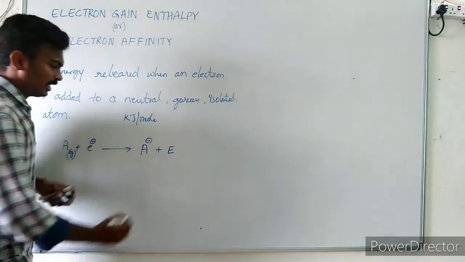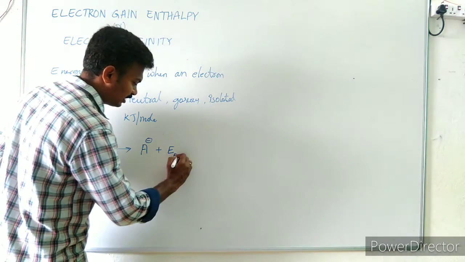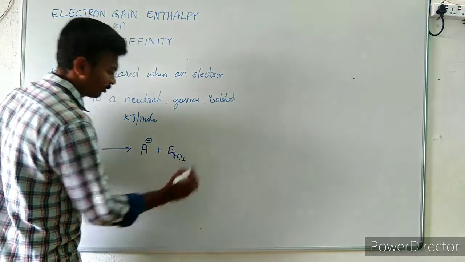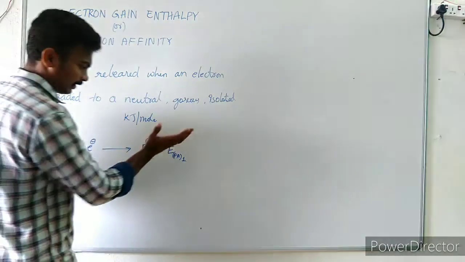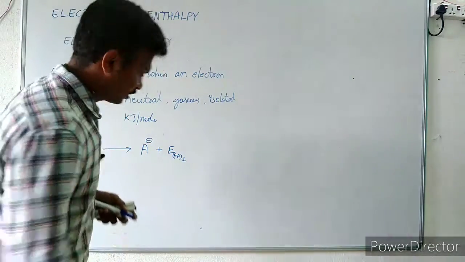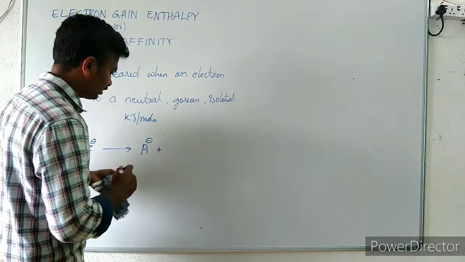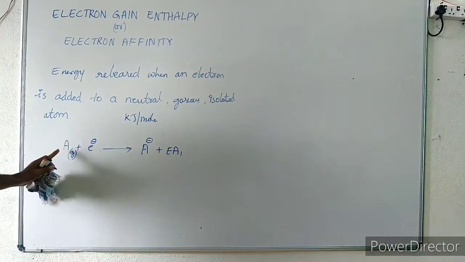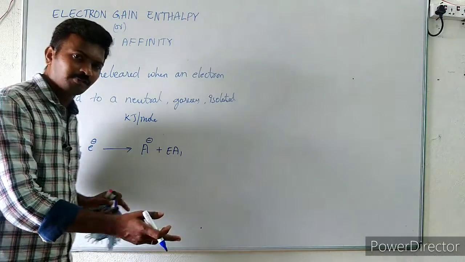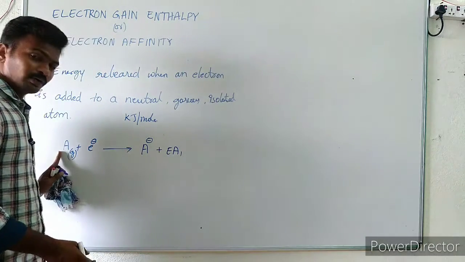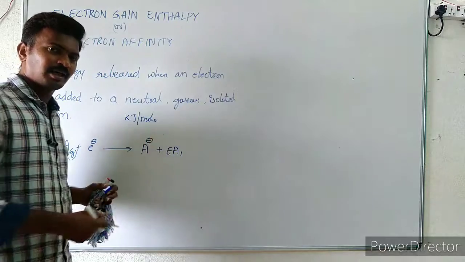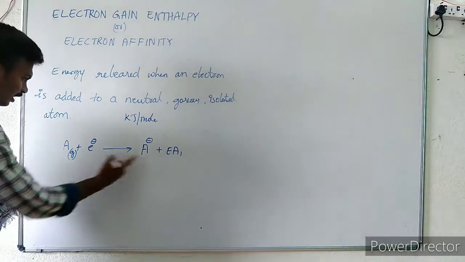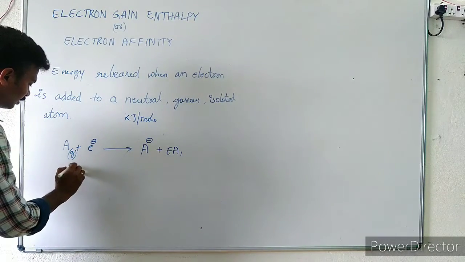We call this energy electron affinity, EA1. The 1 is because this is the energy liberated when an electron is added to a neutral gaseous atom, same like ionization energy. And after adding an electron, it gets converted into an anion.